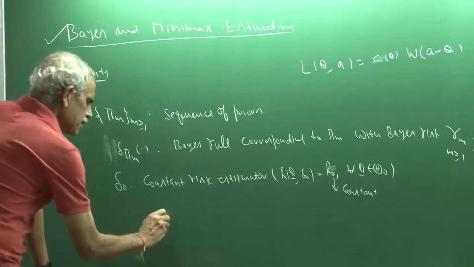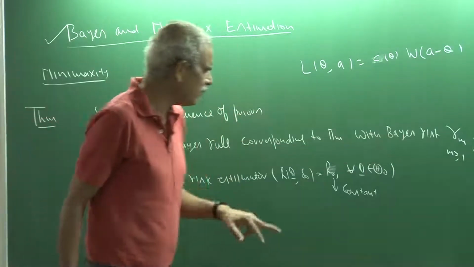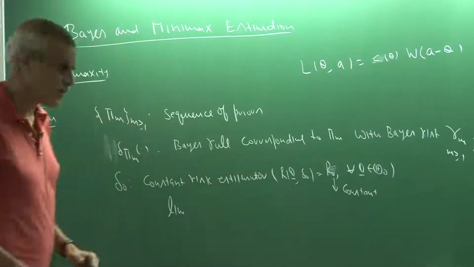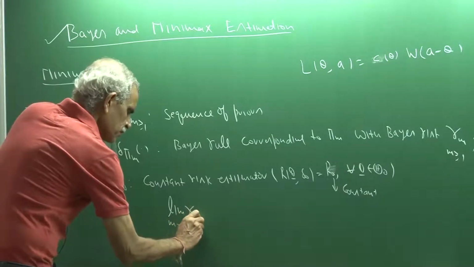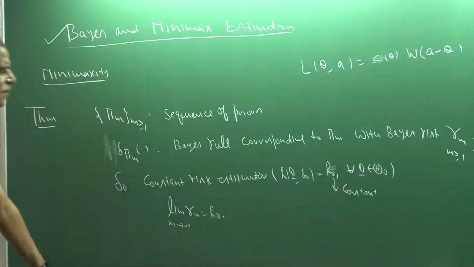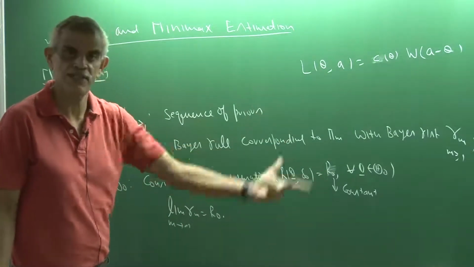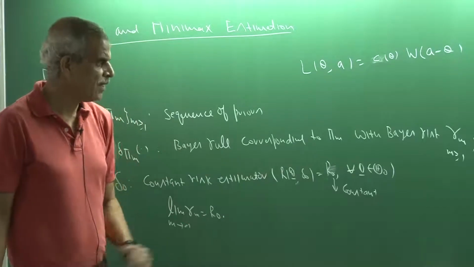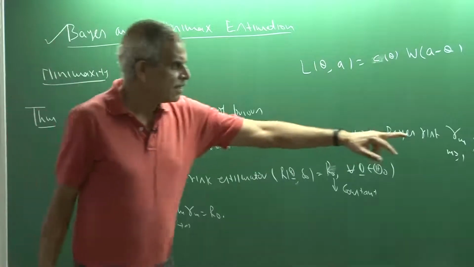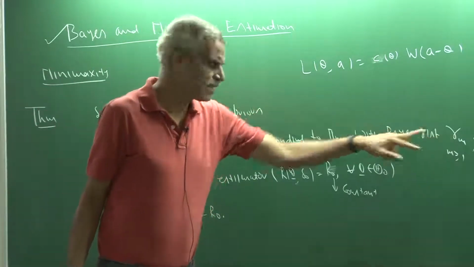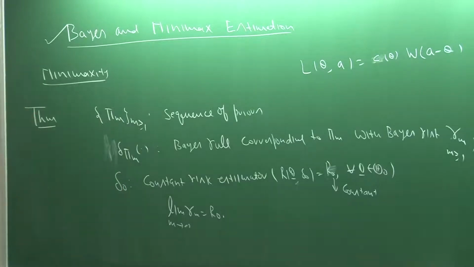And what I assume is that delta naught is a limit of Bayes, in the sense that the Bayes risks Rm go to R naught, this constant risk of delta naught. Of course, this constant risk would also be the same as the Bayes risk of delta naught because it is constant. So when you take the average over theta, you get R naught only. In other words, you have an estimator with a constant risk such that the sequence of Bayes risks converges to this constant risk R naught, which is also the Bayes risk of delta naught.